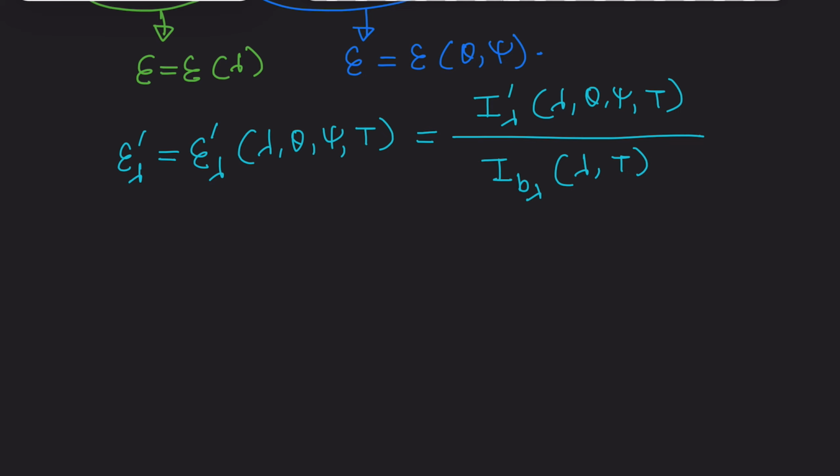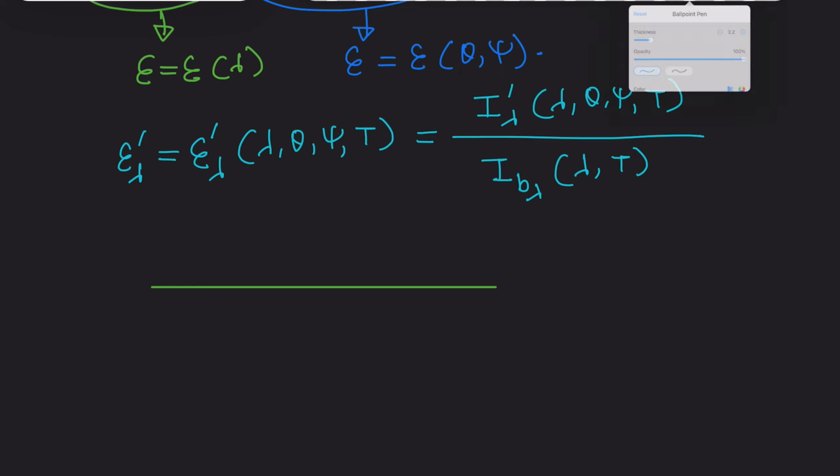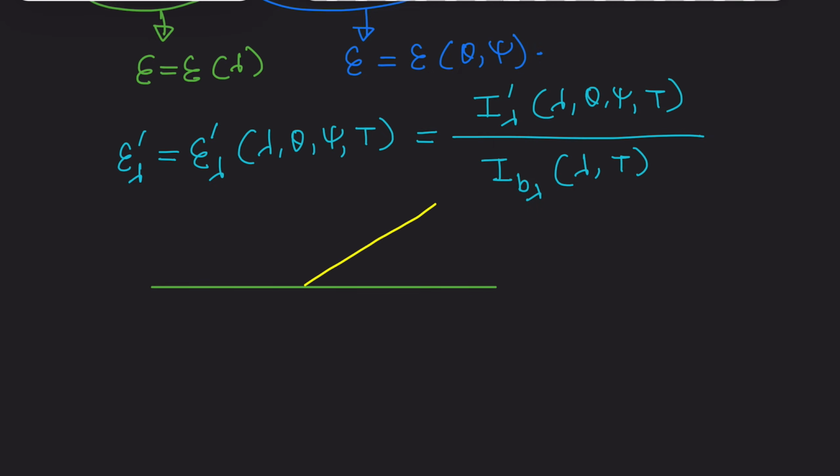Essentially, you can think that at a particular temperature and a particular direction, if I consider a surface, this is the direction, and I should draw a straight line because I am calling it a radiation ray. So in this direction S cap, a particular radiation ray is going, and that has an intensity of I lambda dash.